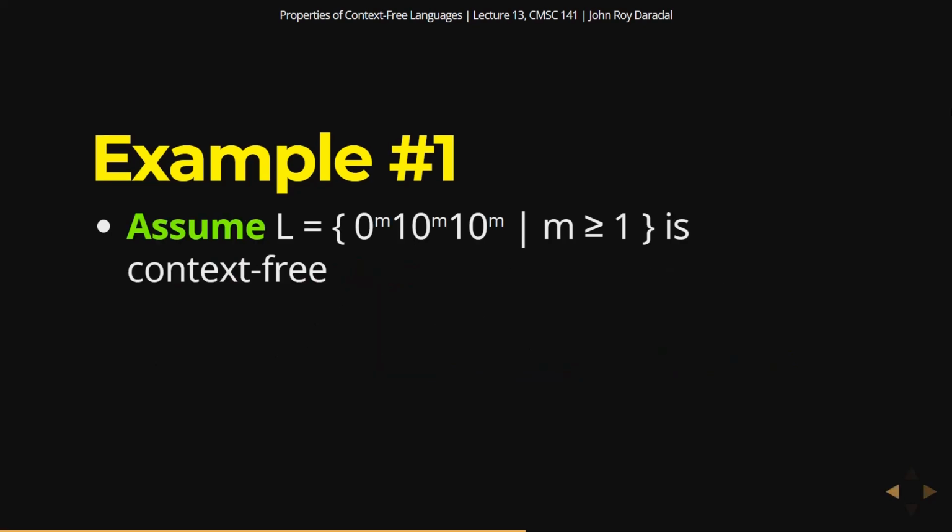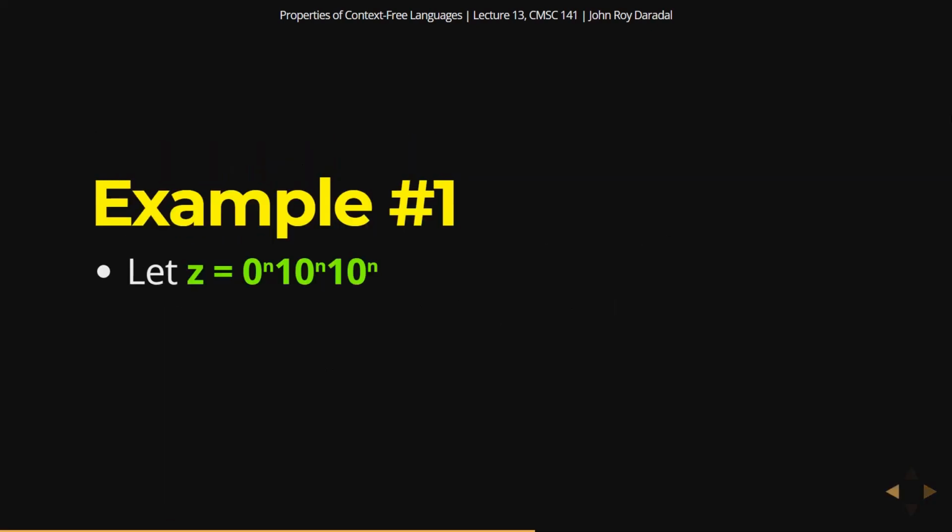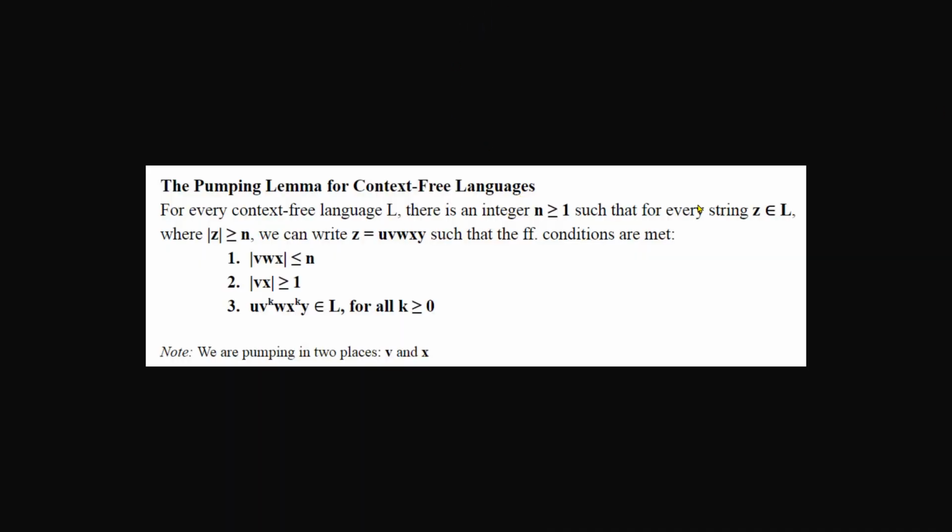So the first thing that we'll do is assume that this language is context free. And because of that, the pumping lemma for CFL will hold true for this language. Then we will choose a sufficiently long string z, where the length should be greater than or equal to n.